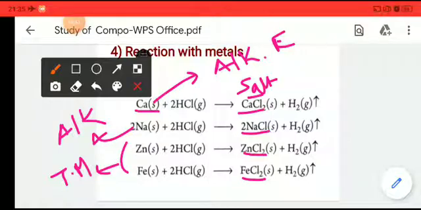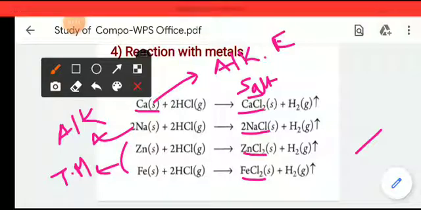Here you must know that HCl, whenever reacting with any kind of metal, that means alkali metal, alkaline earth metal, as well as transition metal, will do the same thing, that is, it will produce a salt and H2 gas. The H2 gas, that hydrogen gas, will be evolved from the system as well.